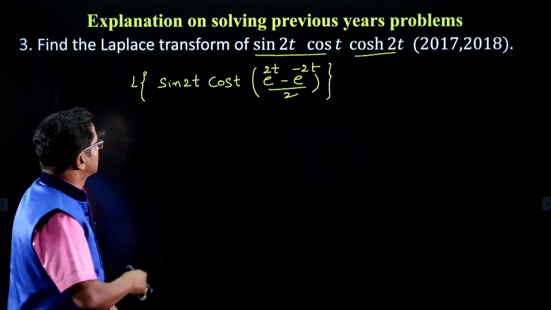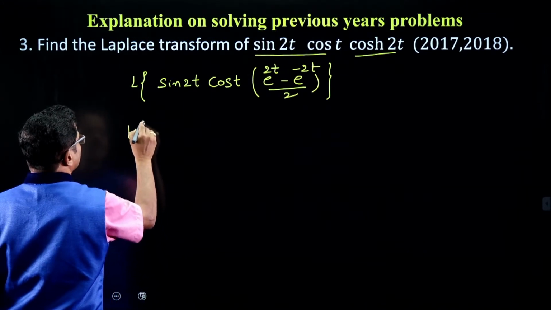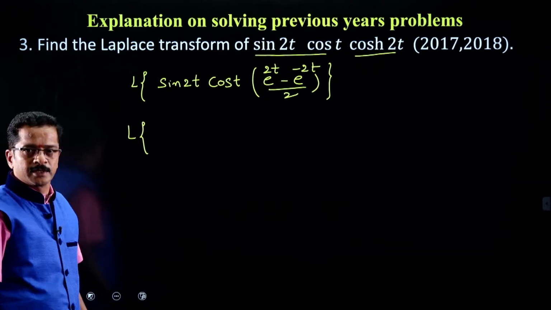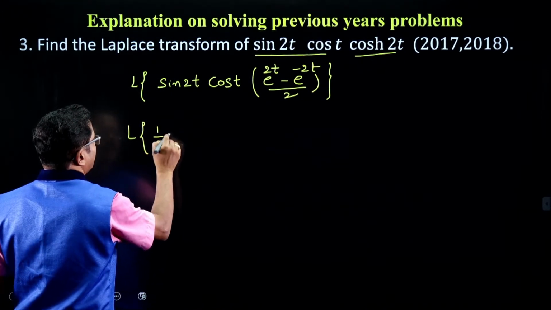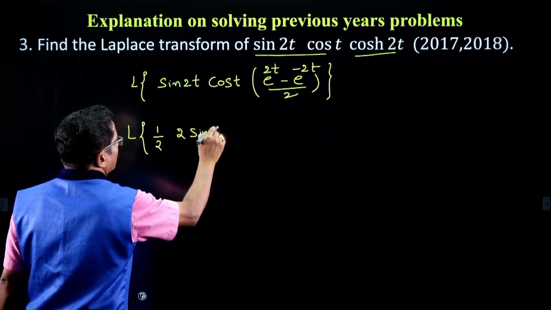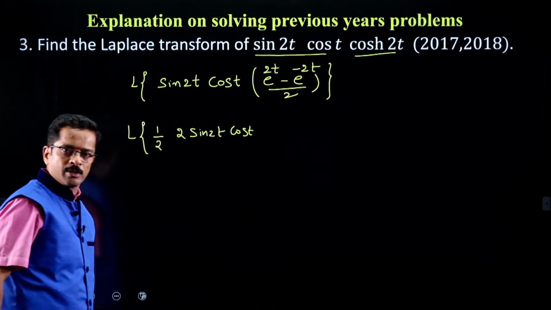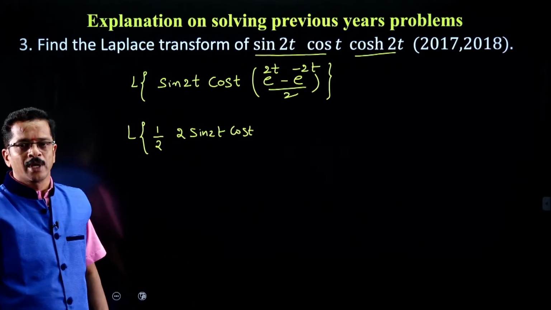Right? So here L of sin 2t cos t, I am multiplying by 2 and dividing by 2, 2 sin 2t cos t, into e power 2t plus e power minus 2t by 2. This type of problems we already came across, how functions in multiplication reduce to addition or subtraction.